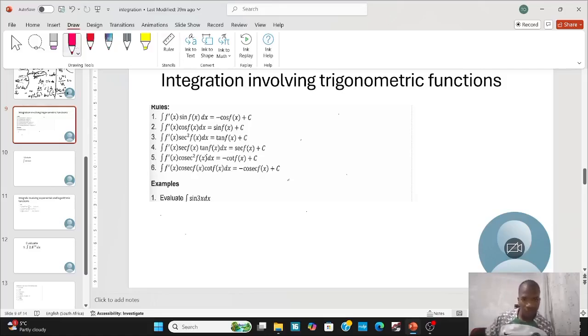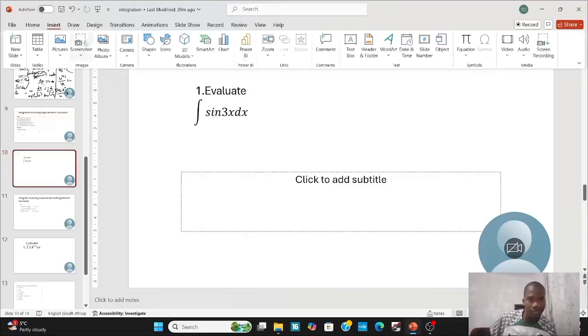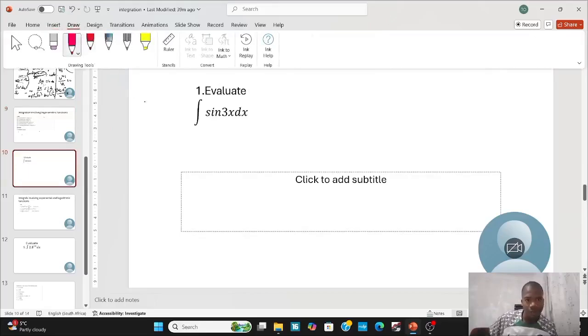These formulas, you really have to know them by heart. Now we are given a problem which says evaluate sine 3x dx, right?